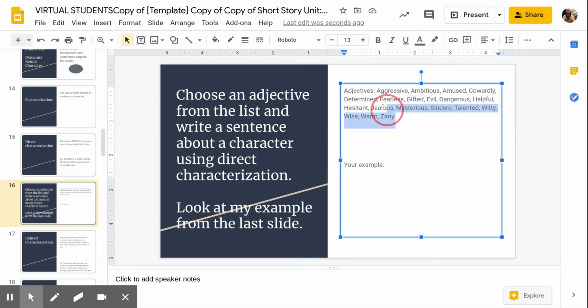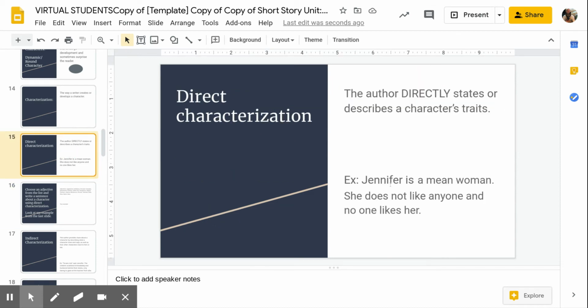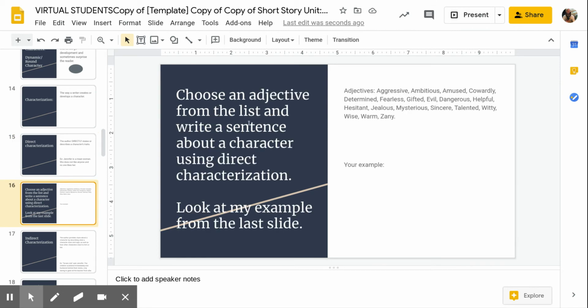No. So that was just the example. Make sure that the adjective you use is from up here. Use one of these words and just give me a brief example right there. Like I said, I don't need a paragraph. I literally just need one or two sentences, just like this example. So you guys are doing that there.